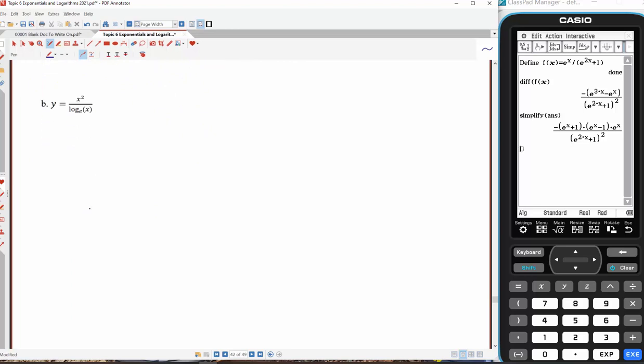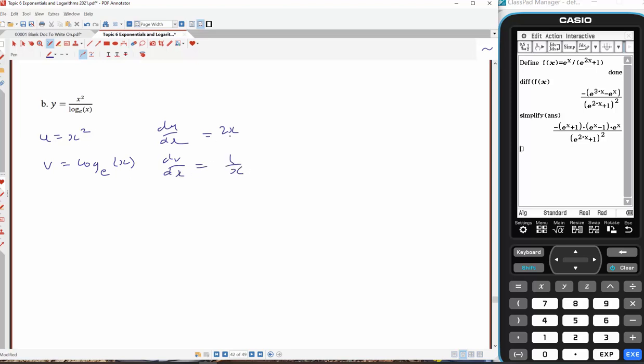Okay, so quotient rule on this one. So u is equal to x squared, v is equal to log e x, du/dx equals 2x, dv/dx equals 1 on x.